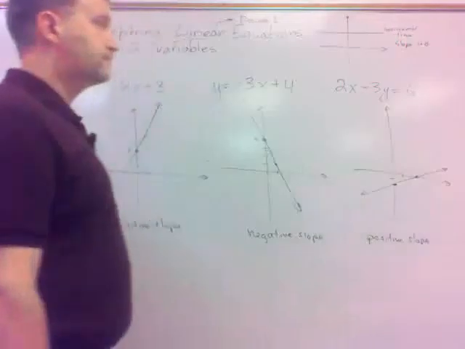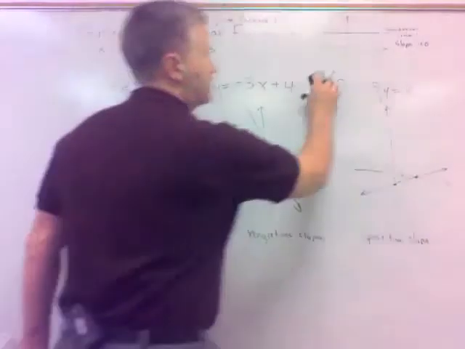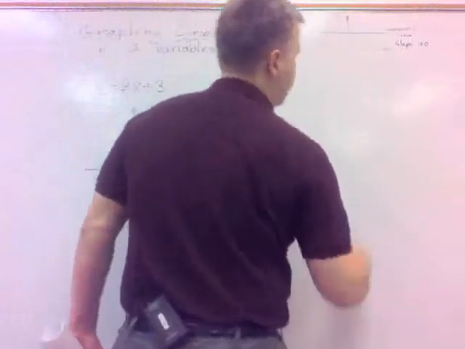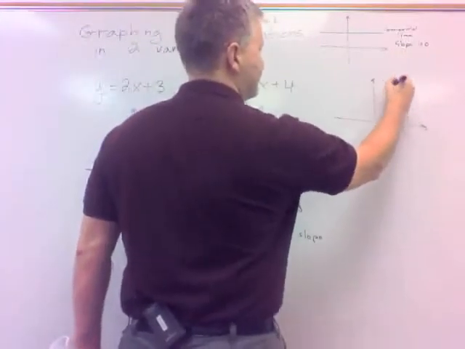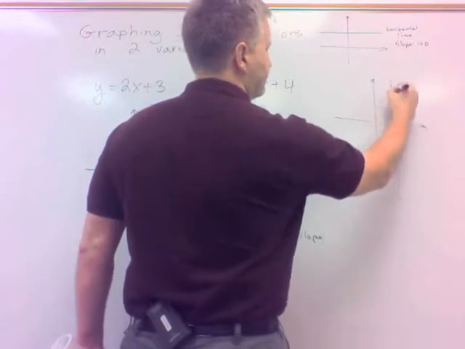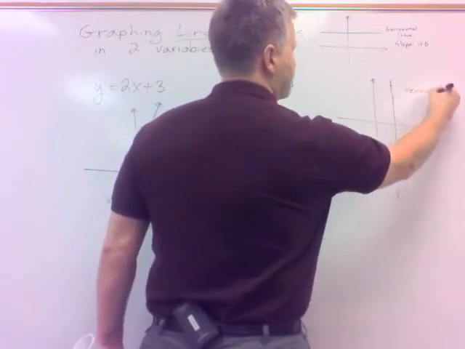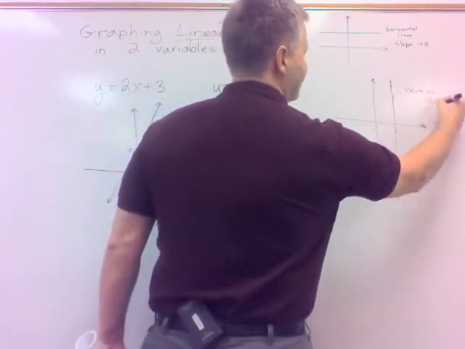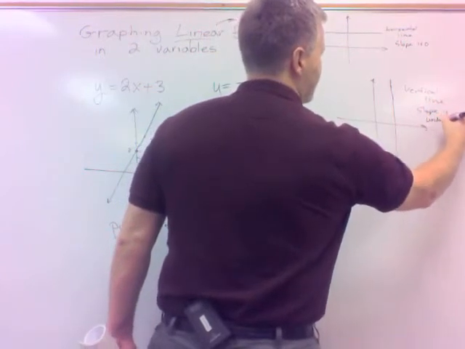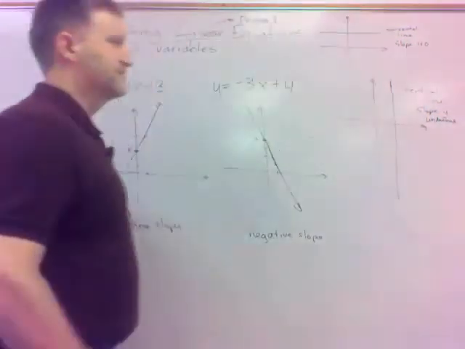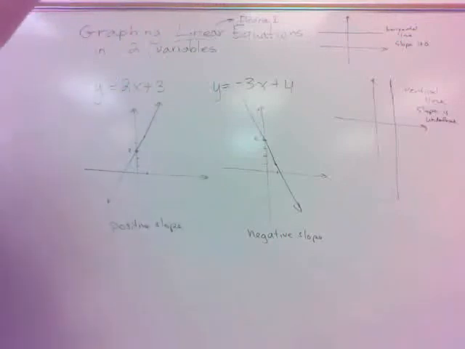And the other is the vertical line, straight up and down, and what slope is it? Anybody? Undefined. Okay, so that also could happen. So positive, negative, 0, undefined.